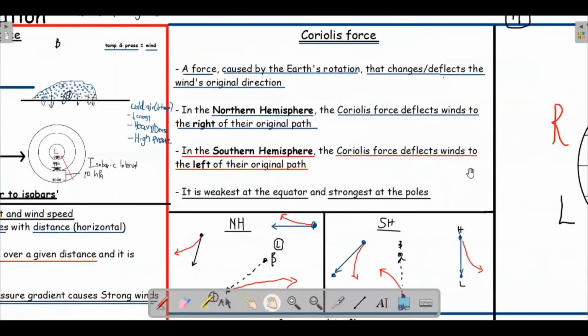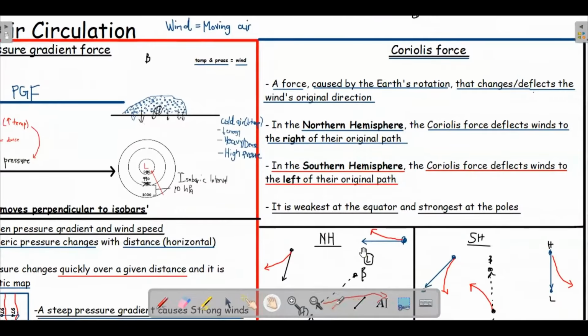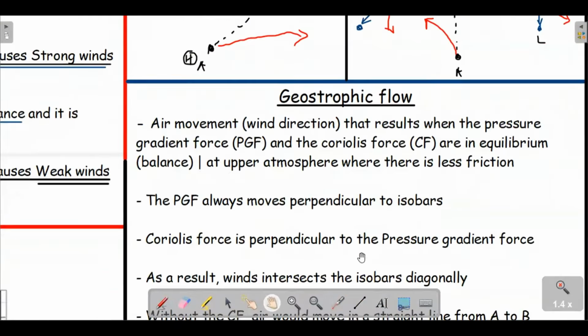And now we're going to talk about the relationship between the Coriolis force and the pressure gradient force. What kind of relationship do these two forces have, and what kind of effect do they have on wind? As a result, we talk about this term, the geostrophic flow.